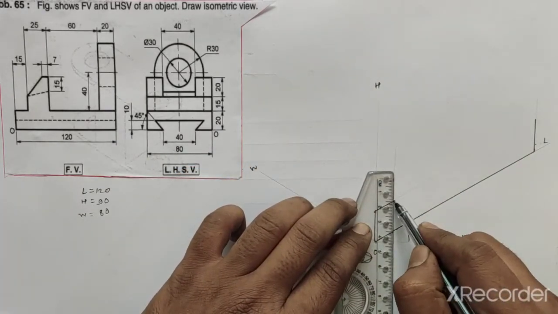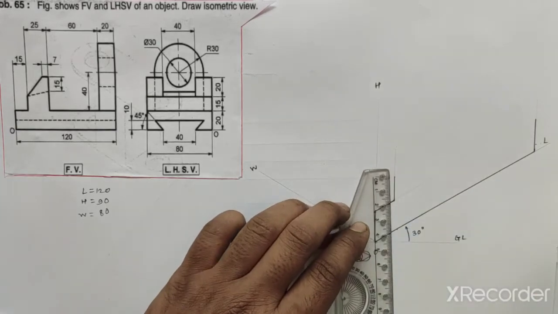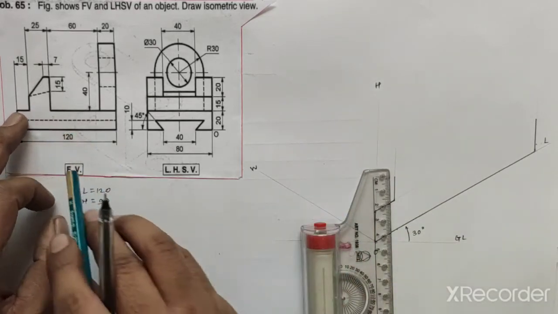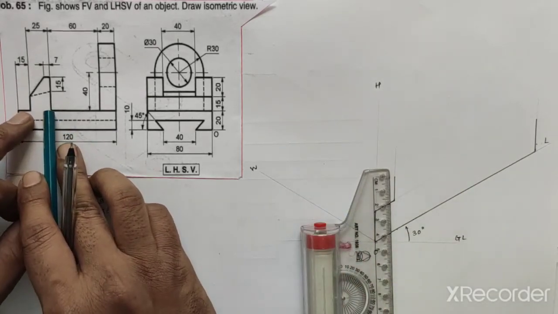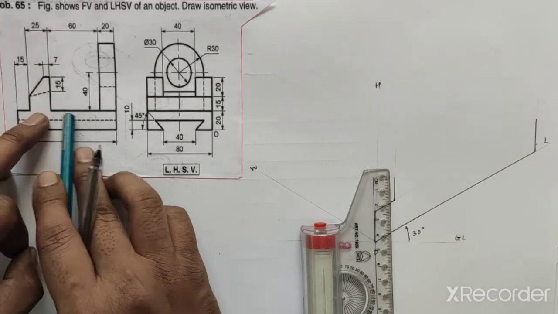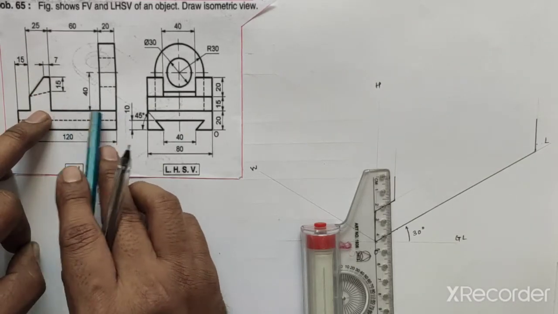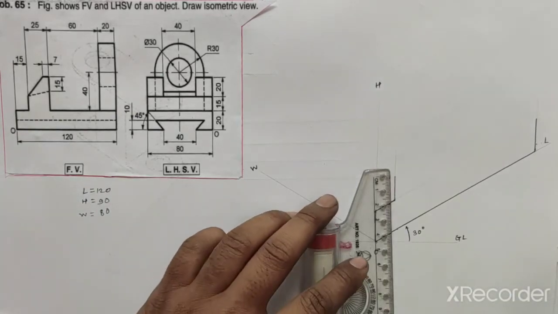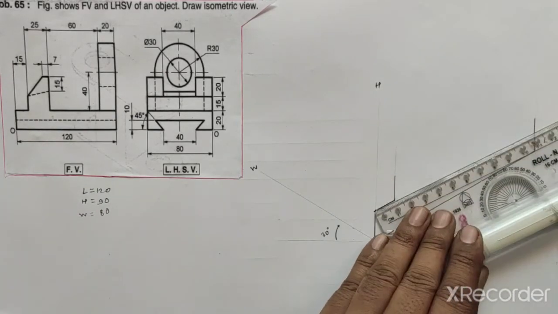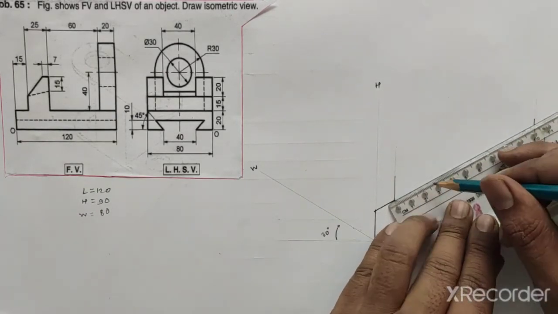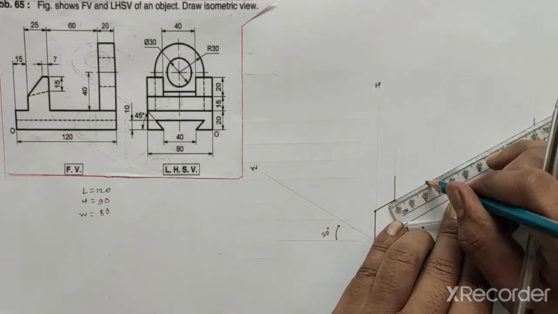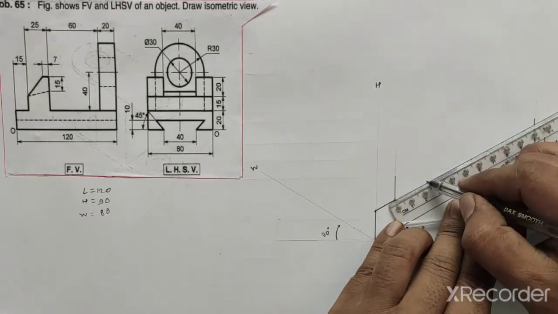Mark 15 mm. Then the total width is given 60 mm, so this is total 80 mm. So 25 mm we can take for the length side direction, this is 25 mm.